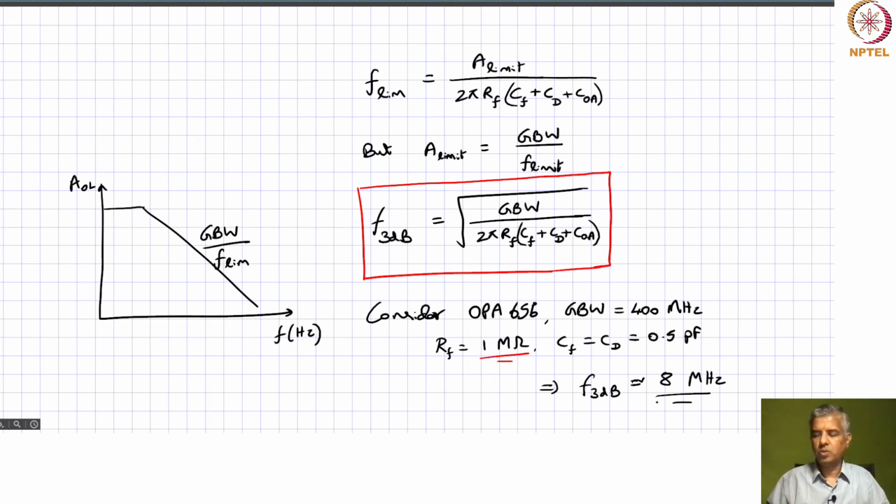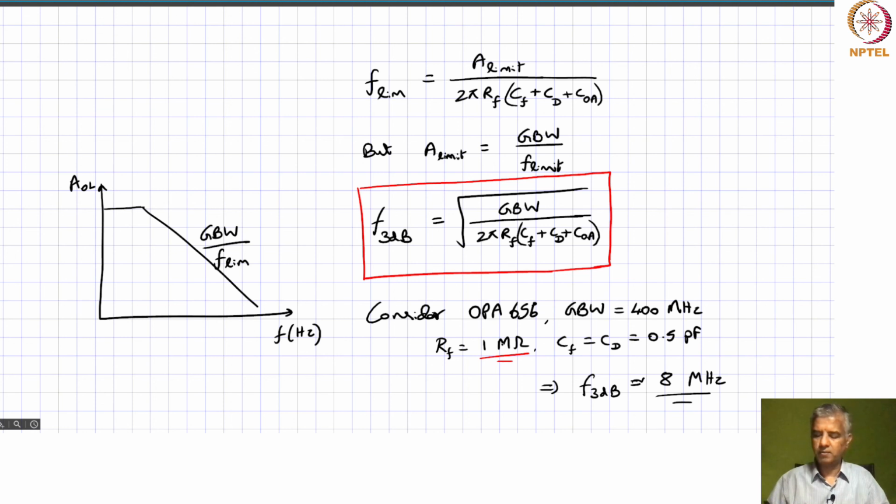If you want a higher frequency response, for example if you are using a distributed sensor where you need say 50 megahertz or maybe even 100 megahertz, you will have to drop this value. Because your op amp is whatever it is, you picked one of the best op amps available in the market, with the highest gain bandwidth product. So you don't have a choice.